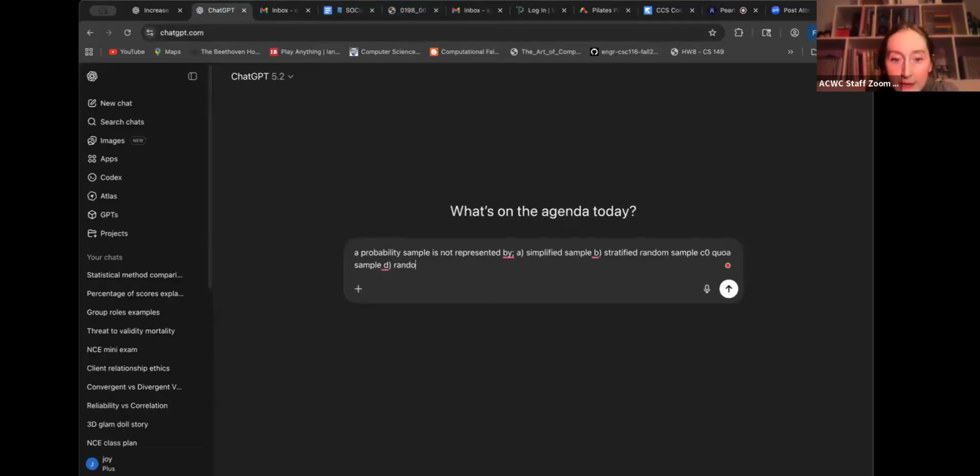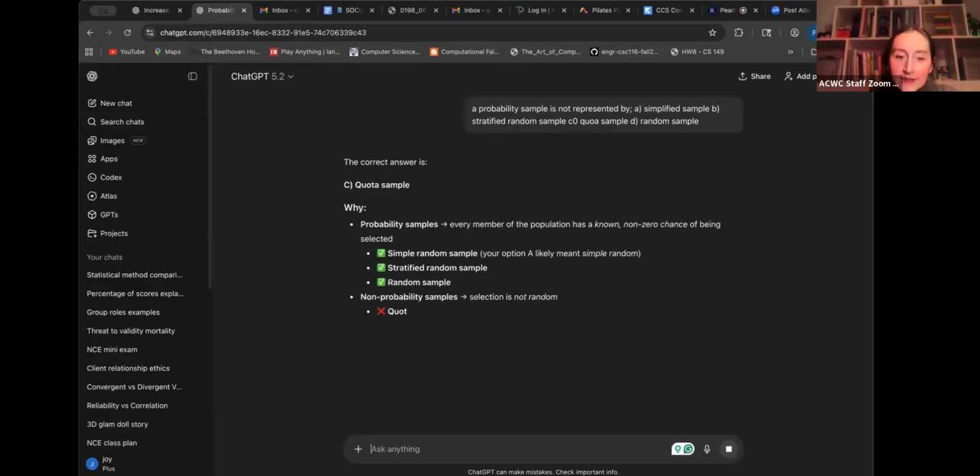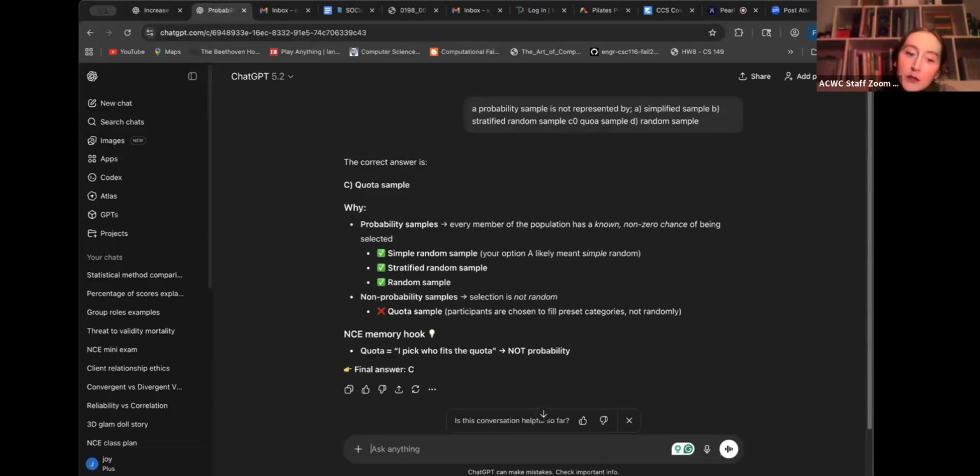Okay, let's see if we can figure this out, because quota, I feel like it should be, yes, look at this. It's saying quota sample.